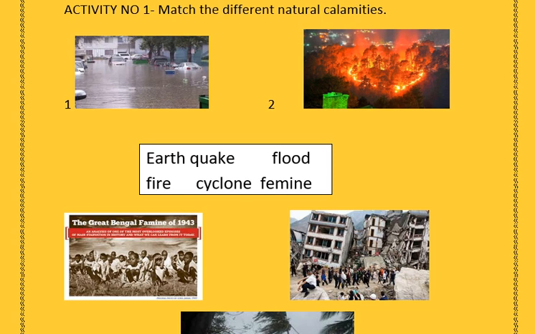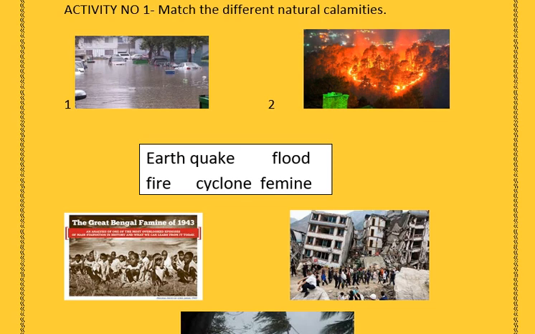And this picture is showing you the earthquake, in which you can see the tumbling of these big buildings, and the people get injured during this. And the complete chapter explanation related to it you have watched in the previous video.